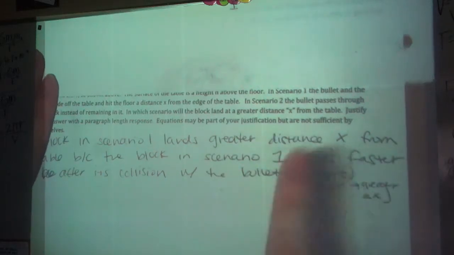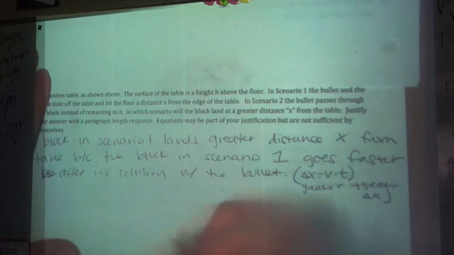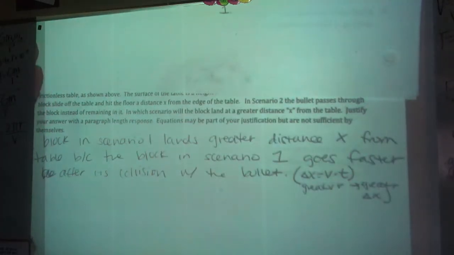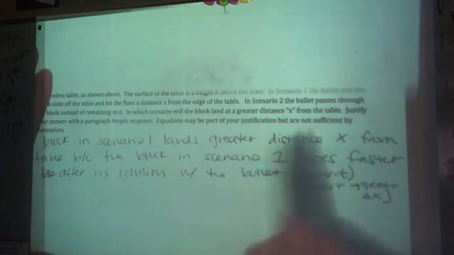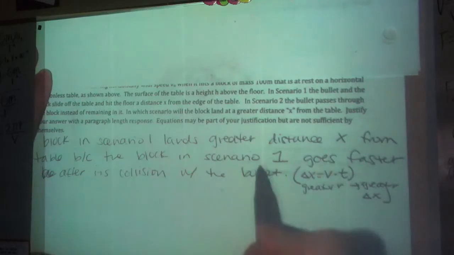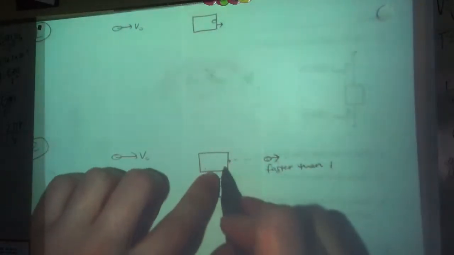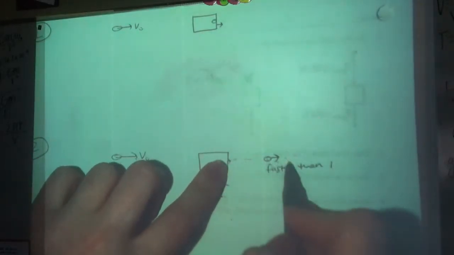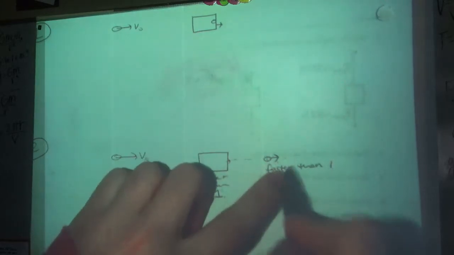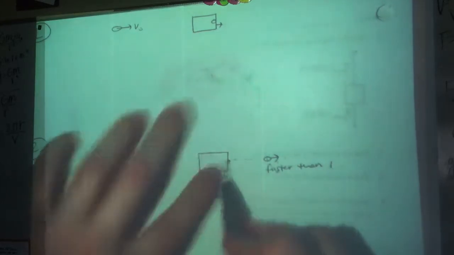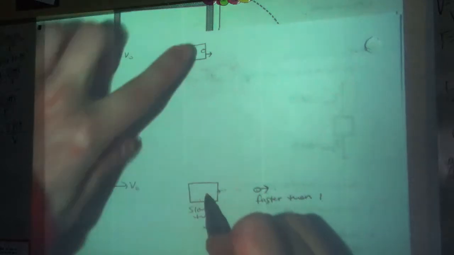That's just extra, making sure you really hammer home that point. And now we need to explain how we know that the block in scenario 1 is going faster. So, this is the explanation that we just talked about. In scenario 2, the bullet passes through the block, which means that the bullet is going faster than the block, which means that the block must be going slower than it was before.